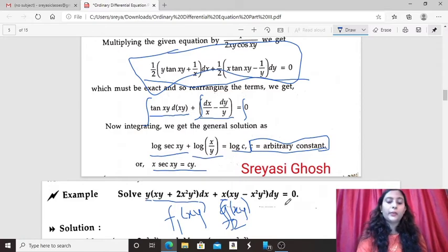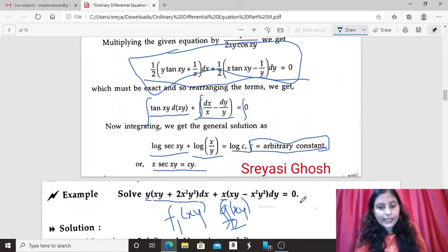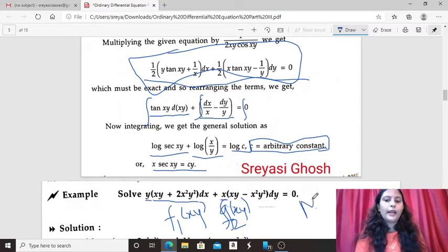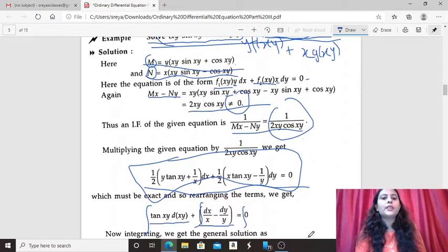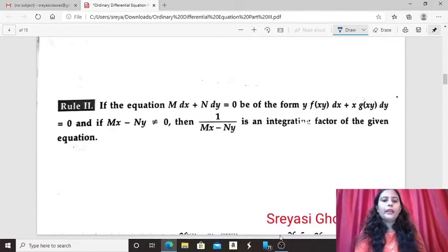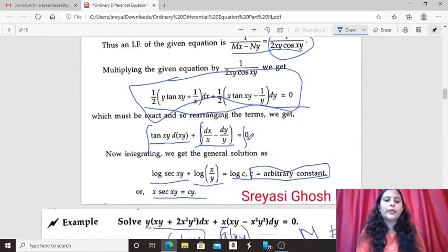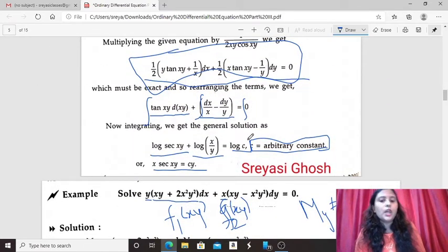Since this equation is not exact, that is, ∂M/∂y is not equal to ∂N/∂x, as we can see, we can definitely apply the integrating factor that has been applied over here, that is 1 divided by (Mx − Ny). Since here also you can see Mx − Ny is not equal to 0, right?